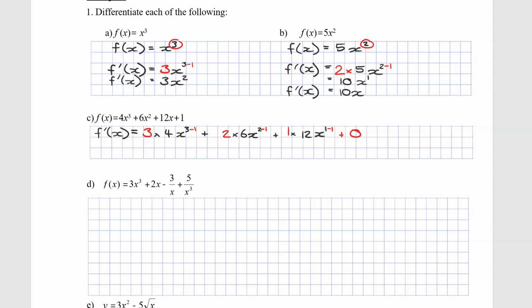Awesome. Now, evaluating these terms we have, we've got 3 4s are 12x, 3 minus 1 is 2, plus 12x to the 1, so I just leave it as an implied 1, plus 12x to the 1 take 1, which is 0.